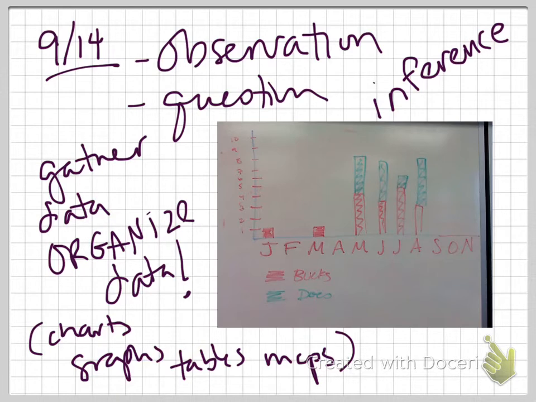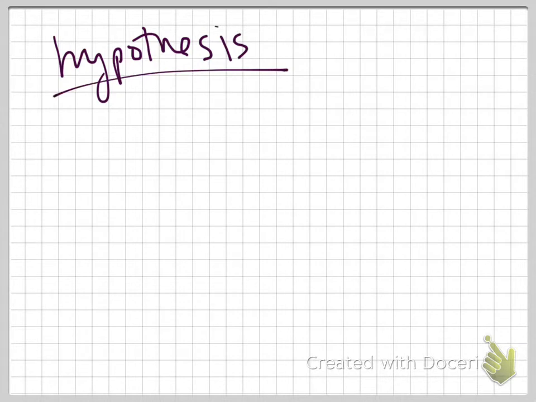I'll tell you what my hypothesis is here, or what the inference that I'm drawing from this data. My hypothesis, and remember, what's a hypothesis? Yeah. It's how you think it works.